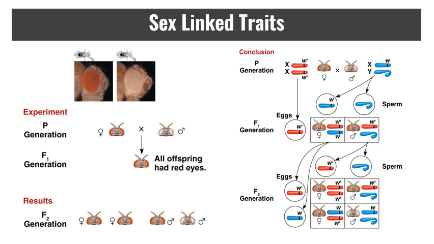So during meiosis I, when chromosomes separate, each gamete from the female parent receives an X, but the gametes from the male can receive either an X or a Y. Males are hemizygous for the X. They only have one; they're not homozygous or heterozygous, but hemizygous.